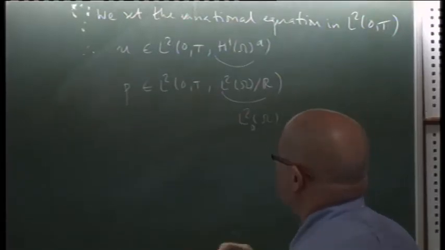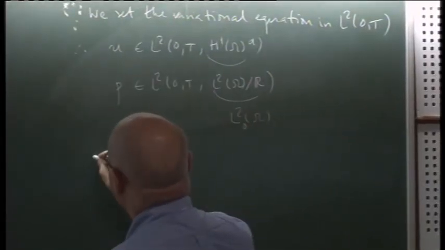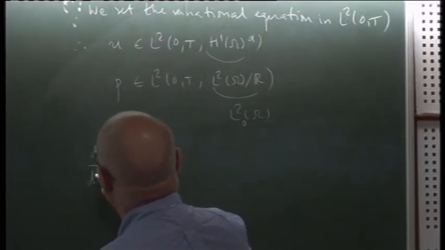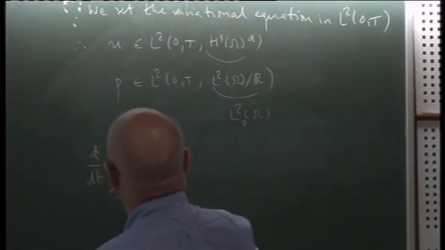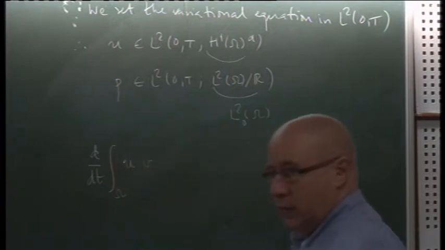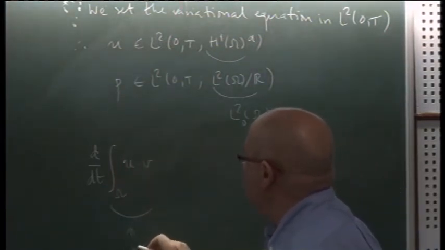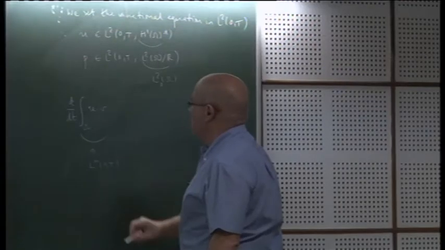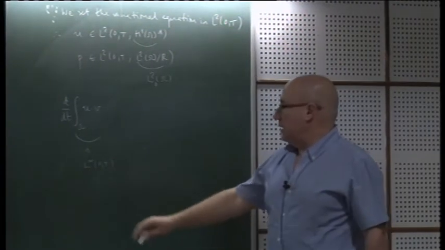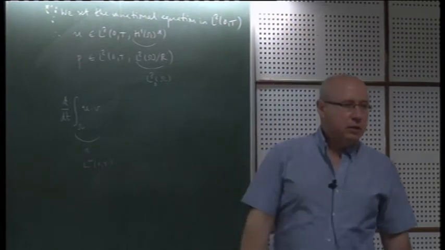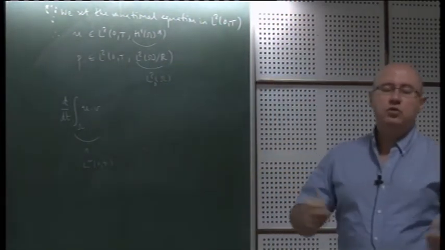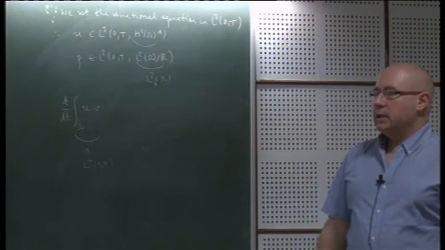But in fact, it turns out that if you have that term well defined, the derivative of the integral over u and v well defined, that has to be an L infinity function in time. Okay, a bounded function. L infinity, you know, that means the set of functions whose supremum norm, or max norm, is bounded.